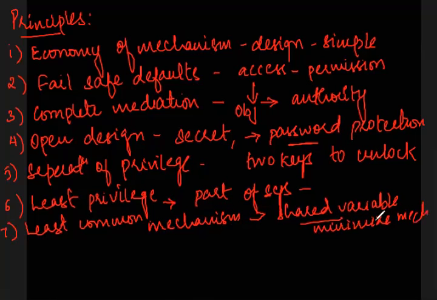This minimize mechanism needs to be common to more than one user. The different shared variables or the different mechanisms should not be given to only one user, but they need to be given to more than one user.